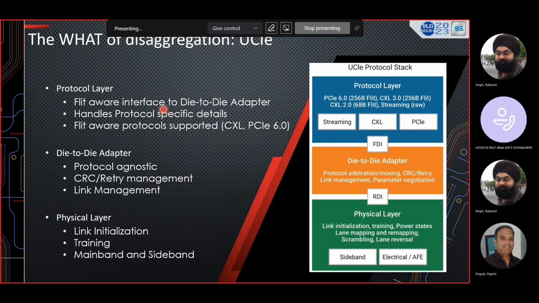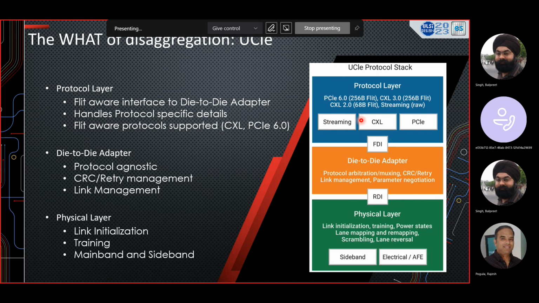So this is a quick snapshot of what it is covering today. From PCI Gen 6 onwards and CXL onwards, we have moved to a FLIT-based mechanism, and that is what the UCI protocol builds upon. It has something called the FLIT-aware die-to-die interface, FDI, and the raw die-to-die interface, RDI.